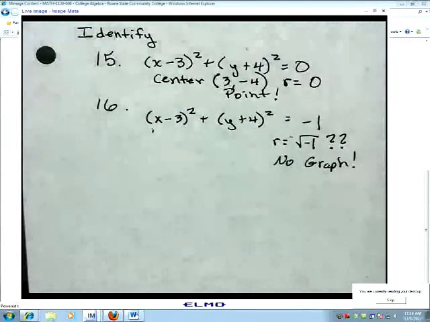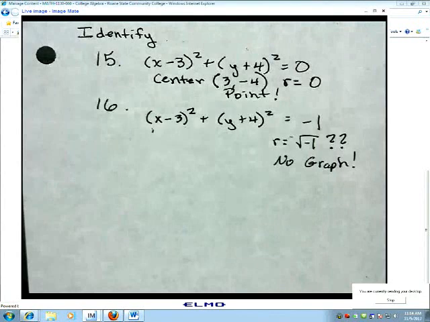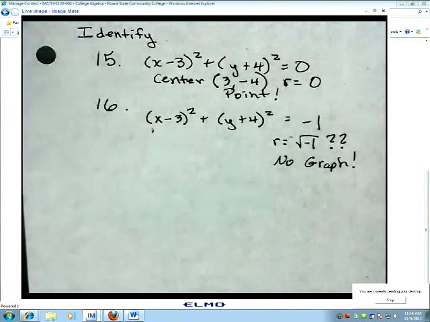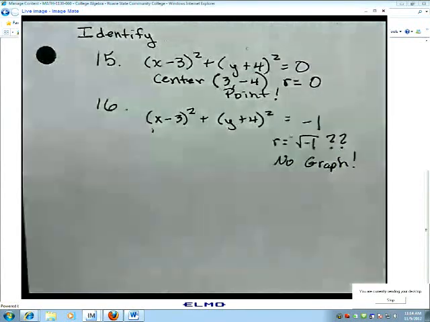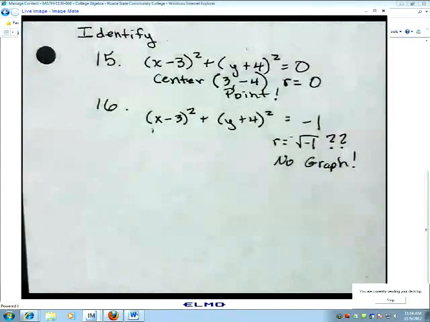Why wouldn't it be a hyperbola if I divided both sides by -1? Oh, that's it. Good job. Both the x squared and the y squared would have negative coefficients. Hyperbolas only have one of the square terms having a negative coefficient.